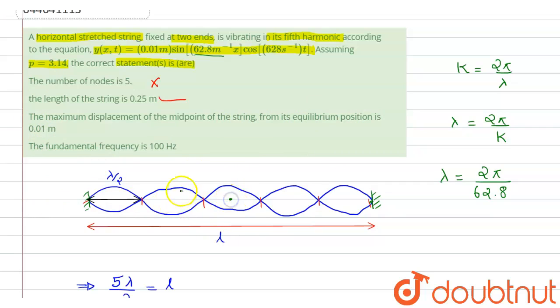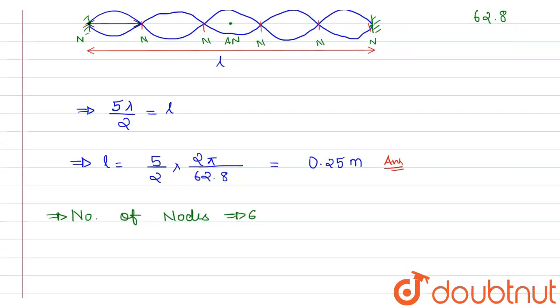These are nodes, and in the midpoint of two nodes there must be an antinode. At antinodes, amplitude will be maximum, A max.